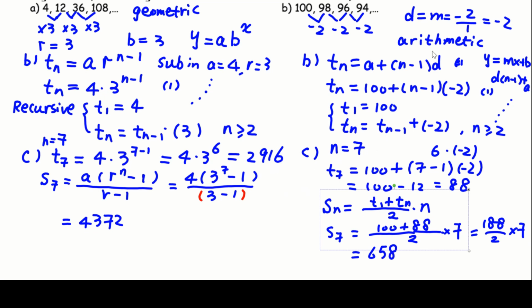So they are the two types of sequences. One is linear, where you keep adding the same number to get the next one. It is a straight line, but it should be a scatter plot. And another one is exponential, where you keep multiplying by the same number to get the next number. But again, it should be a scatter plot, not continuous lines.